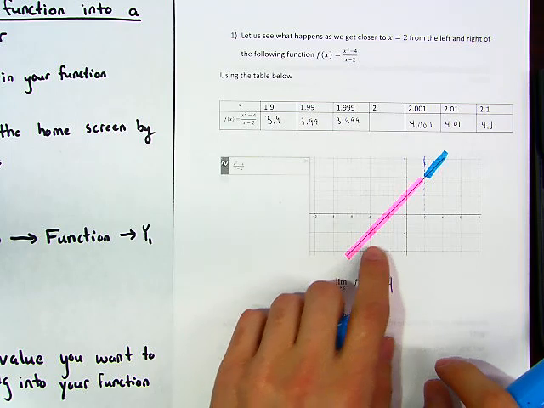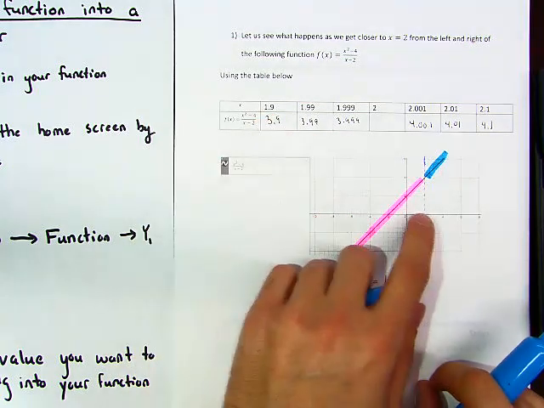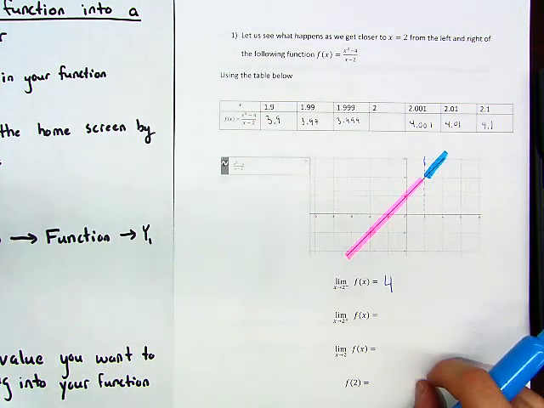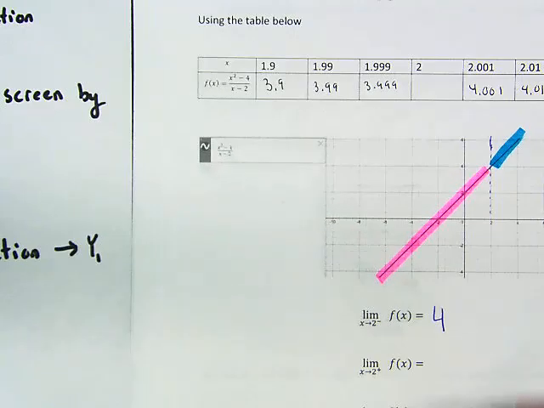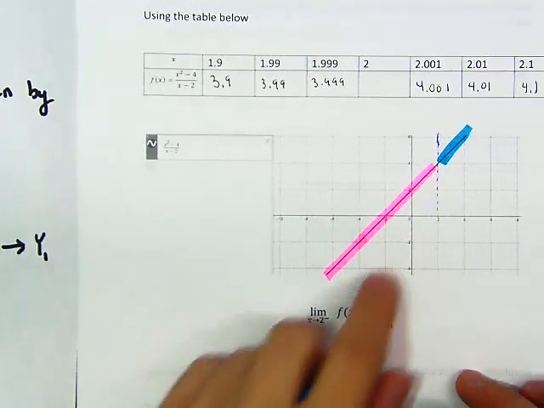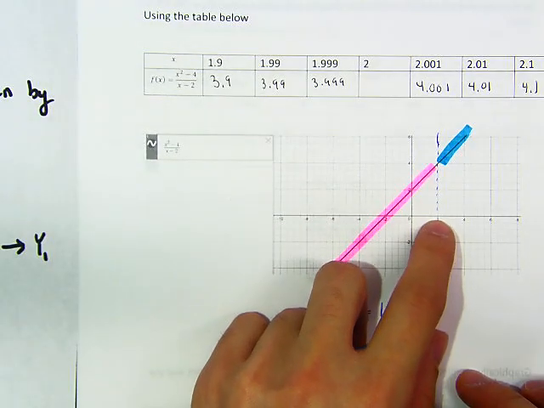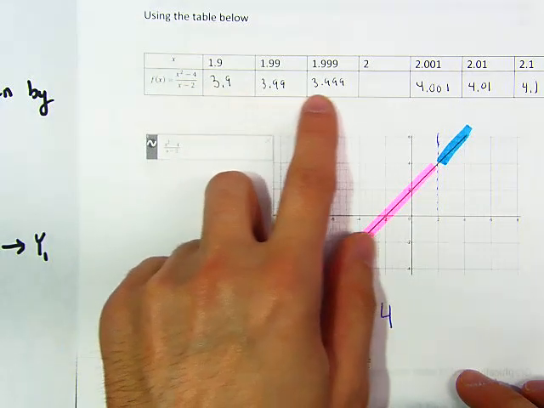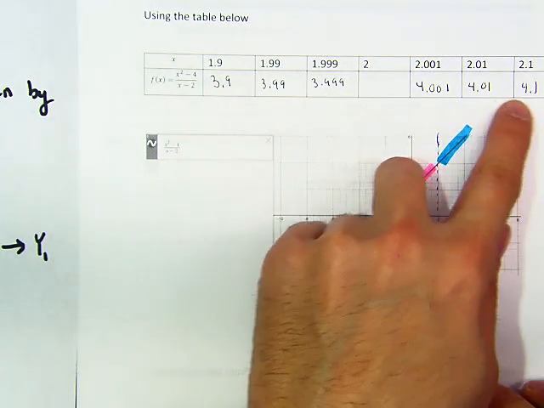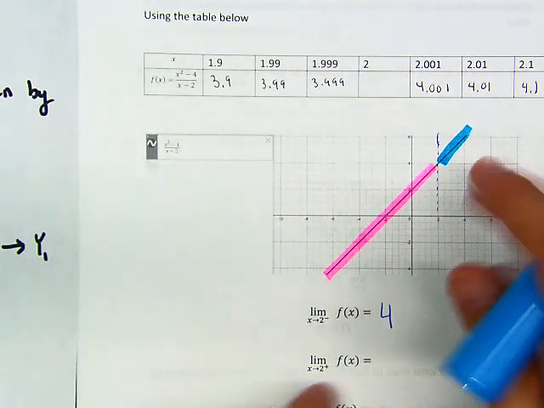You see here, when we're at 1.9, which is right before the 2, let's zoom in a little bit. When we're at 1.9, right before the 2, you're getting very, very close to 4. And here you're getting very close to 4, and this is from the right side.